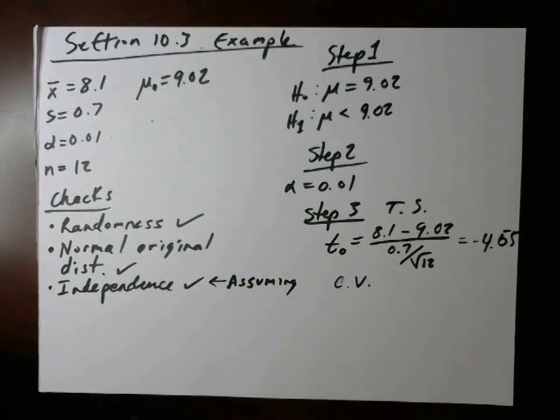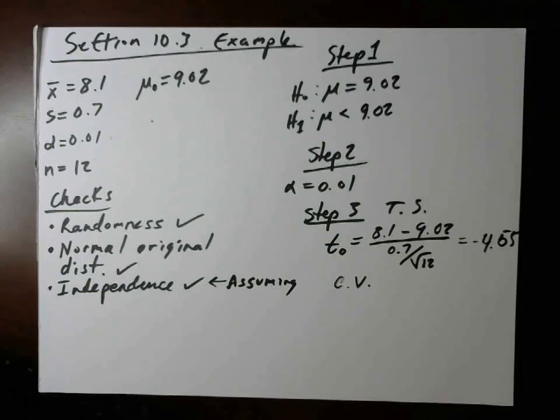So our critical value, so negative. Hopefully you can see negative 4.55 is not actually that significantly far when we're dealing with t-scores because we have fatter tails. So we need to check that. So our degrees of freedom in this case is 11. Remember, degrees of freedom is our sample size minus 1. So we'd look up 11 on our table, and that would tell us which row we're on.